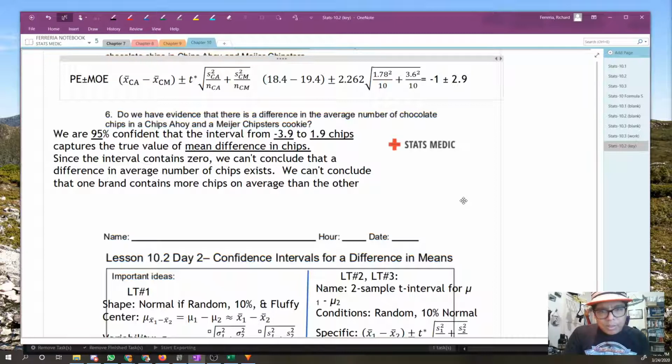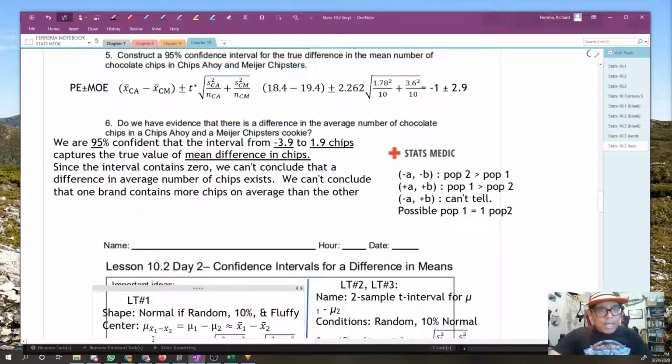So can I generalize that for you? Yeah, we can generalize. If the entire interval is negative, that means our parameter from population 2 must be greater than our parameter from population 1. Likewise, if both of our A and B are positive, then we can conclude that the parameter from population 1 is greater than the parameter from population 2.